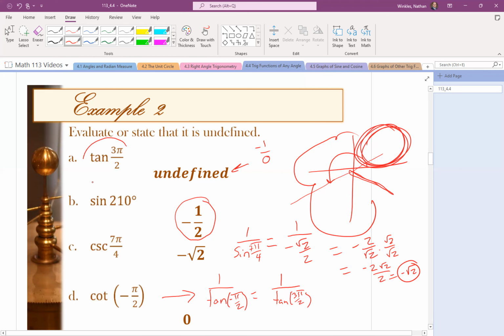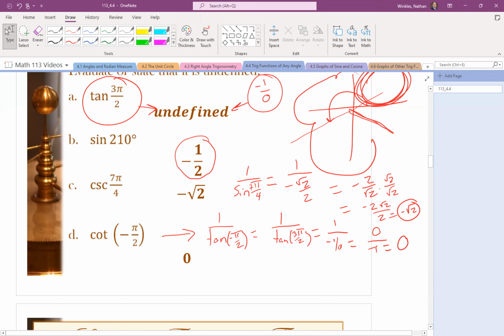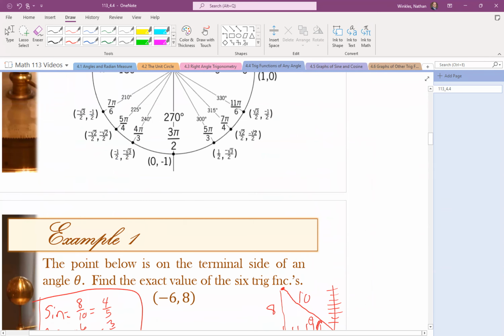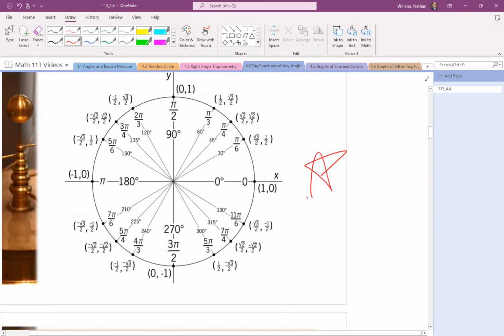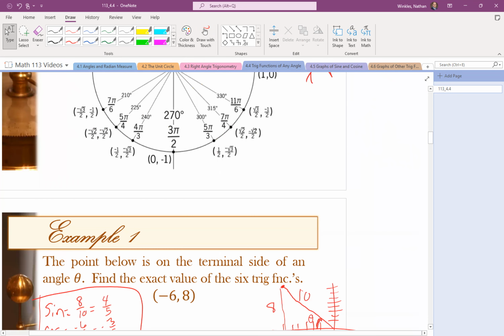But we know that the tangent of 3 pi over 2 was undefined because we had negative 1 over 0. So this is 1 over negative 1 over 0, which is actually 0 over negative 1, which is 0. So we're still looking at this in different ways, but we're still using our entire unit circle here. If we learn this, it makes it so much easier because then we can see exactly where everything is at.